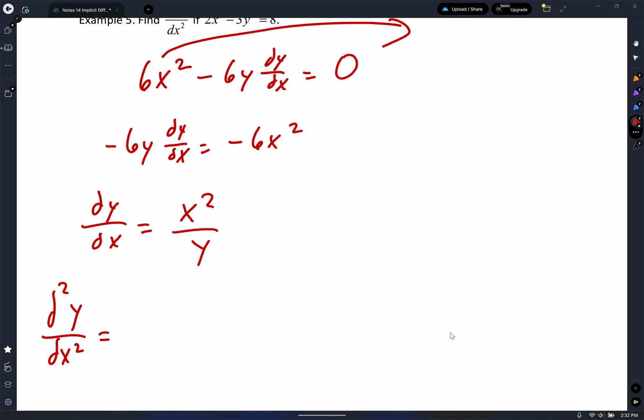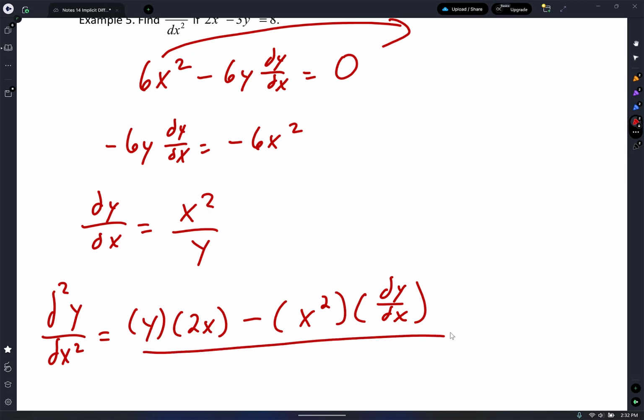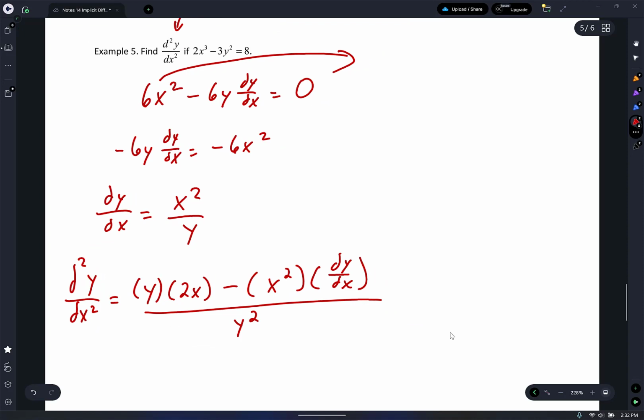What is quotient rule? So bottom times the derivative of the top minus top times the derivative of the bottom, all over bottom squared. Is that all they wanted? Okay.